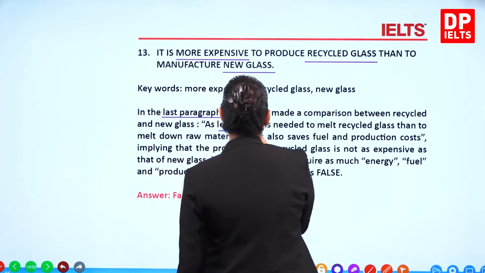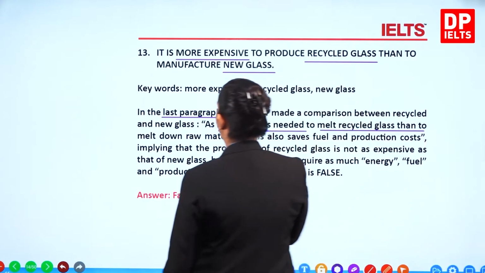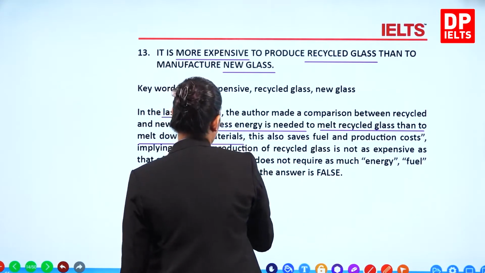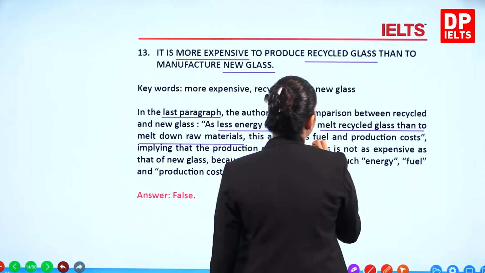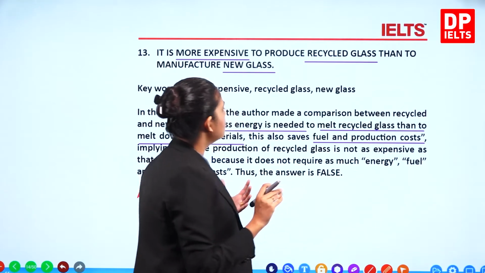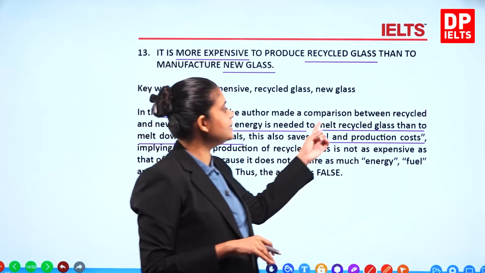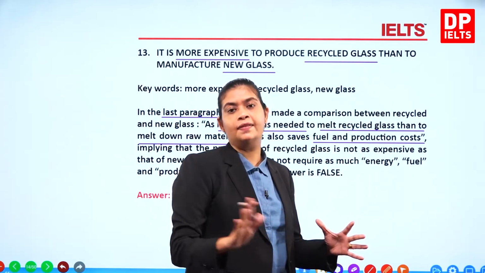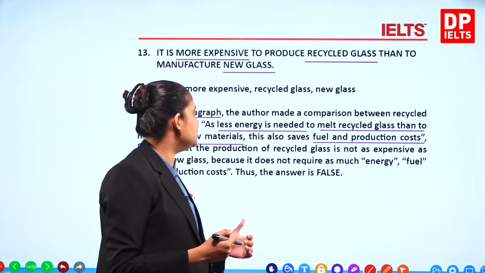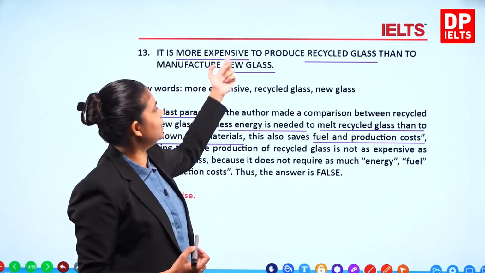As less energy is needed to melt recycled glass than to melt down raw materials, this also saves fuel and production costs. Right. So in other words, when you have used glass, it's easier to melt that glass than the new one. So what happens? Because it is easier, it saves the fuel and the production cost. So actually, can it be expensive?